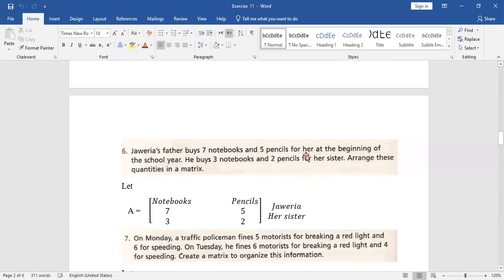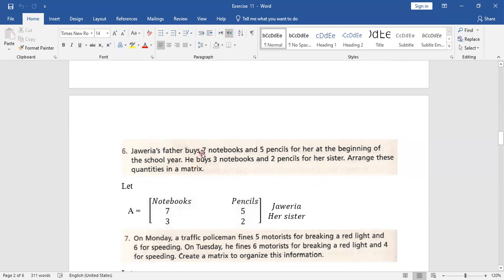It means one row is for Javeria: the first time her father buys notebooks and pencils for Javeria, and the second time he buys for her sister. So notebooks will come on the top of the first column and pencils on the top of the second column.